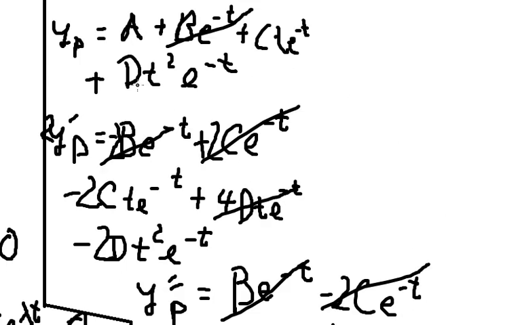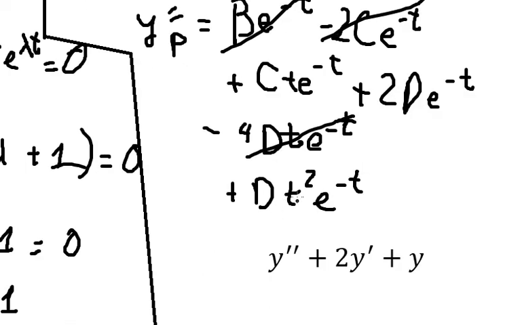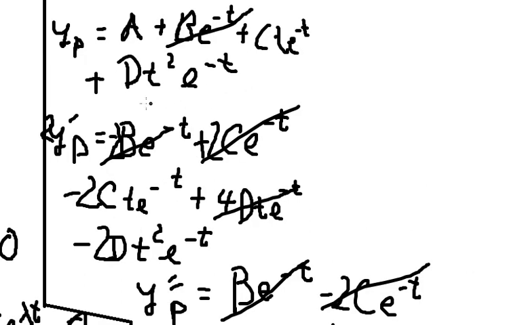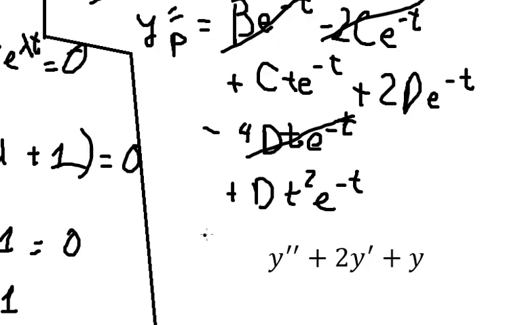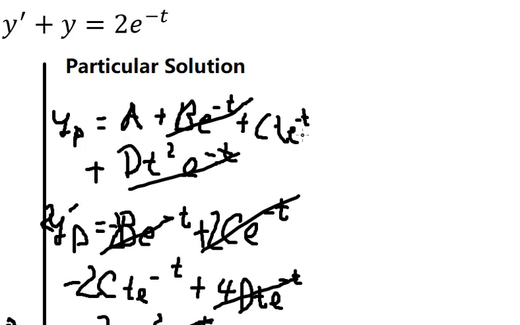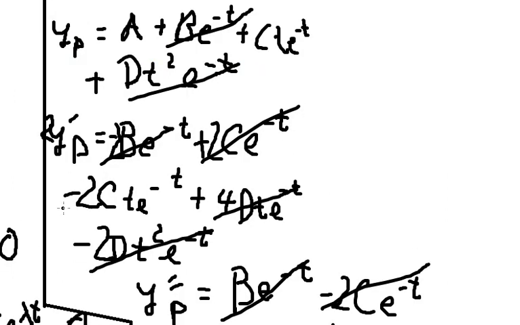Next, we have dt squared e to the power of negative t with dt squared e to the power of negative t. And we have negative number 2 dt squared e to the power of negative t. We cancel this one. Next, we have ct e to the power of negative t, ct e to the power of negative t, but we have negative number 2 ct e to the power of negative t.